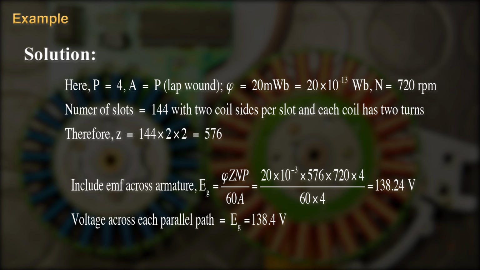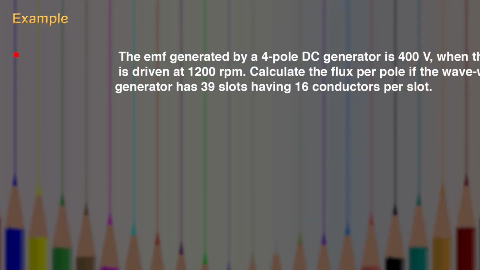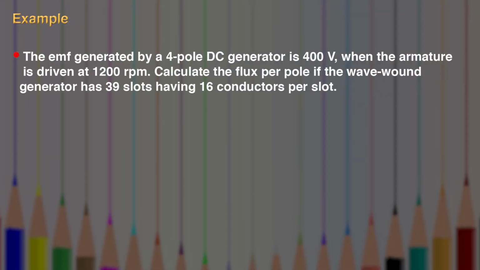Just put the values and solve it. So induced EMF across the armature comes to 138.24 volt. The voltage across each parallel path is also 138.24 volt.